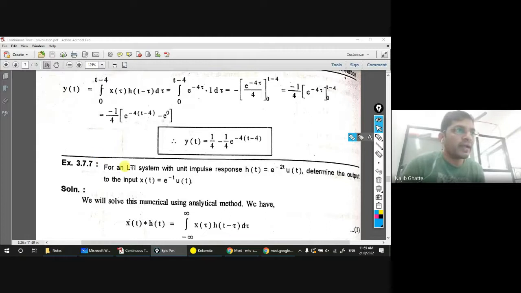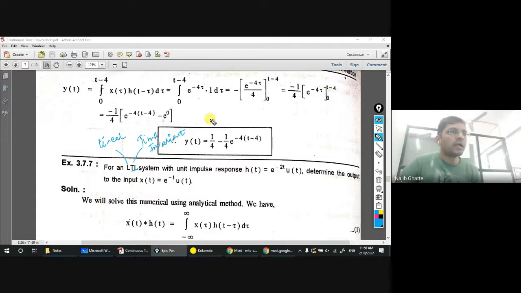So for an LTI system, what is the meaning of LTI? LTI stands for, ये बाद में when we start with systems, at that time you will understand in a better way what is the meaning of LTI. L stands for linear, and TI stands for time invariant.